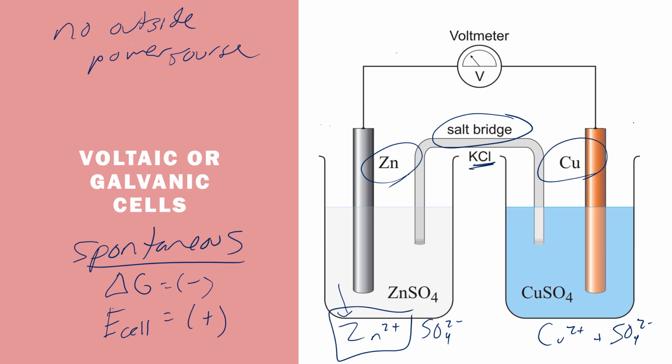Sometimes it's sodium chloride, sometimes it's sodium nitrate, but it needs to be a completely soluble salt. Sometimes, instead of seeing a salt bridge like this, you'll see that the containers are just butted up against each other like this, and we'll have some kind of porous barrier between the two. So the ions can travel across that porous barrier without the need of a specific salt bridge. So don't be alarmed if your image doesn't look exactly like this. All right.